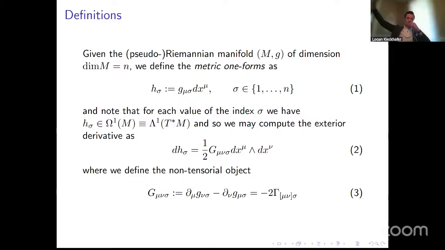So the way I started was more from the mathematical side, and then reconnecting with the physics, and tried to make everything as formal as possible. The way I did that was defining metric one-forms, where for each value of sigma, h sub sigma is just a one-form on the manifold, and you can evaluate the exterior derivative of that.